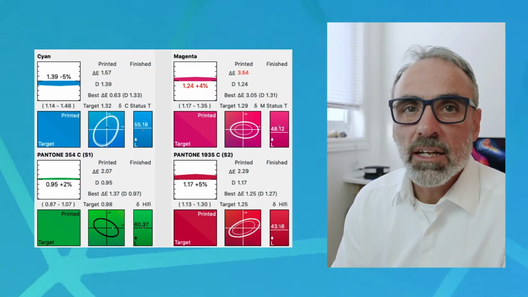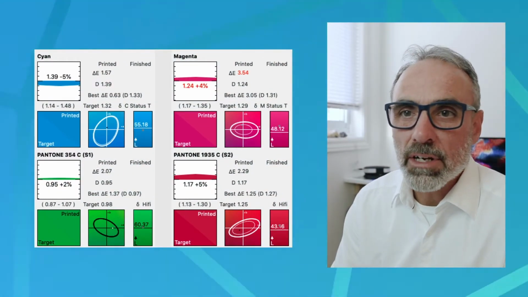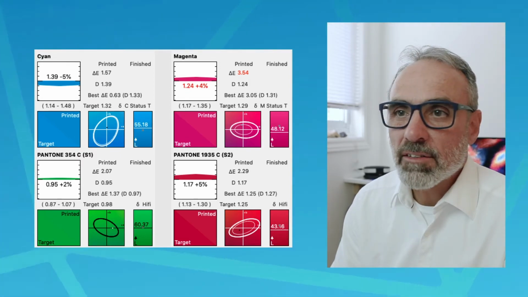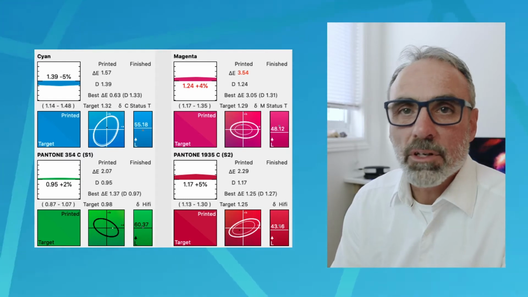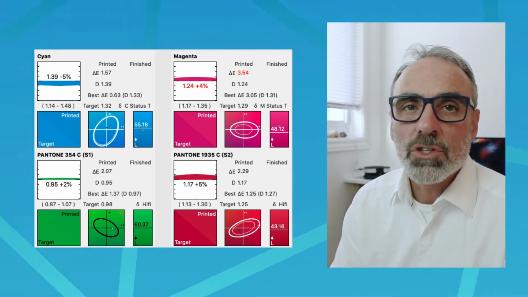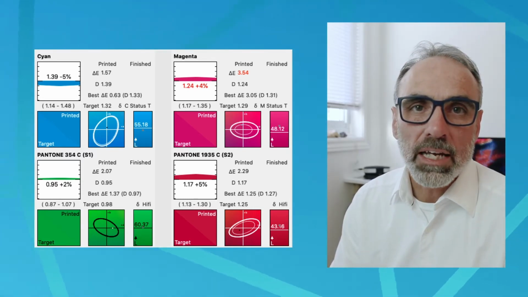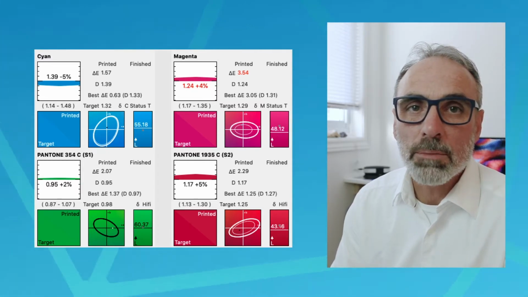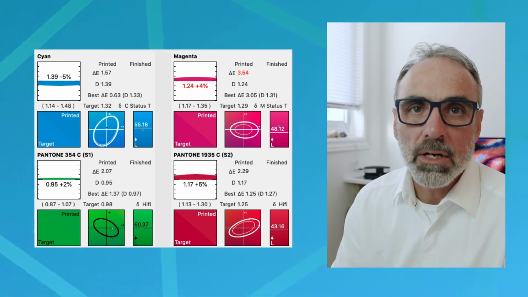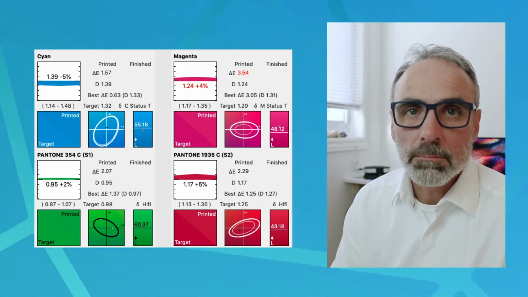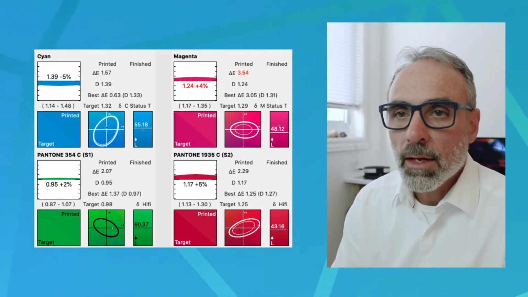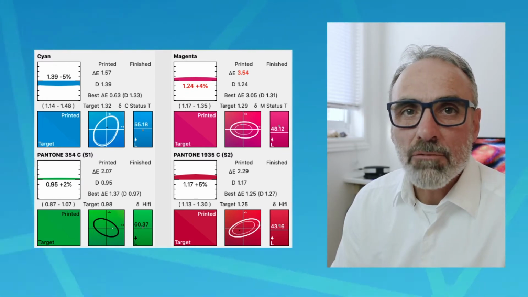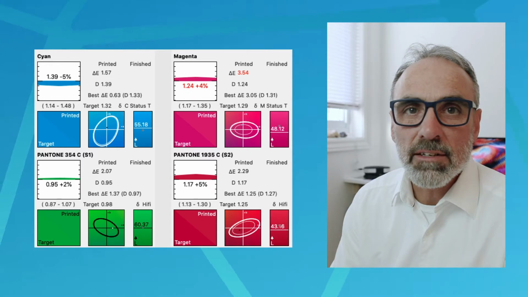So this is an enlargement of that colour area. Here we see that we have data relating to cyan, magenta and the Pantone colours that are in this job. So solid colours include the CMYK, but they also include any solid spot colour that you have, whether it's a Pantone or a customised spot colour. The numbers that you see here represent the average of that particular reading.